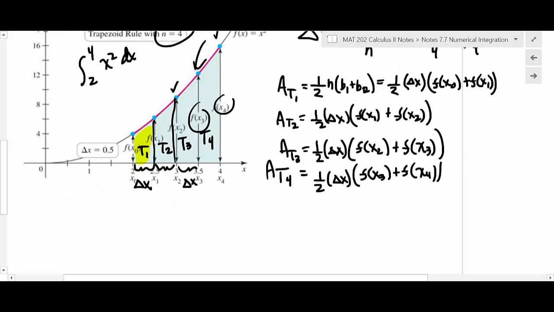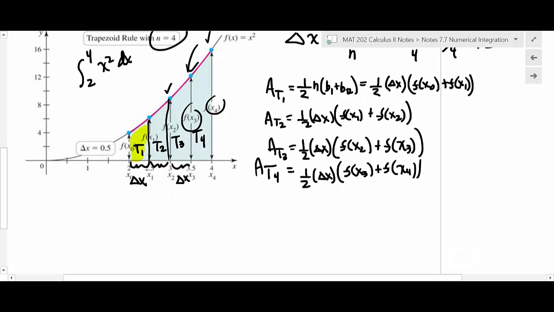Now I'm going to develop the trapezoid rule, because I want to give you some idea of where this comes from. That's kind of tedious. You could go through and do all 4 trapezoids, or you can follow the trapezoid rule formula. So here's how this goes. The total area, we would just say trapezoid of 4, because we're doing 4 trapezoids.